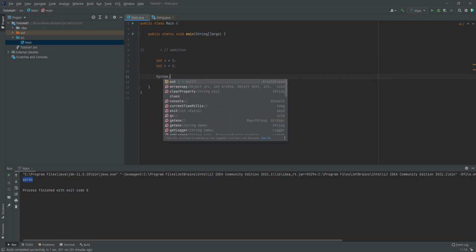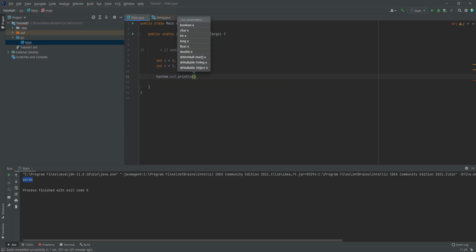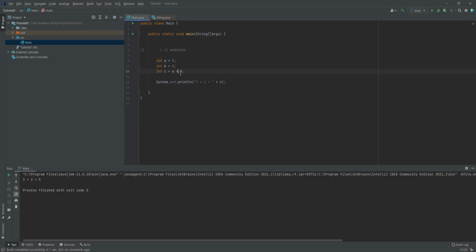Then let's create another integer c that would be a plus b, and print it. 3 plus 2 is equal to, obviously, 5. Plus is very widely used, so please take note that plus works as the one we usually know from elementary, the addition. This is how addition also works in programming.